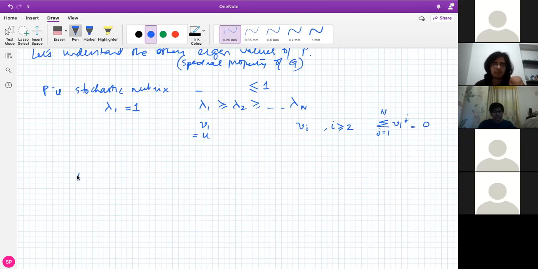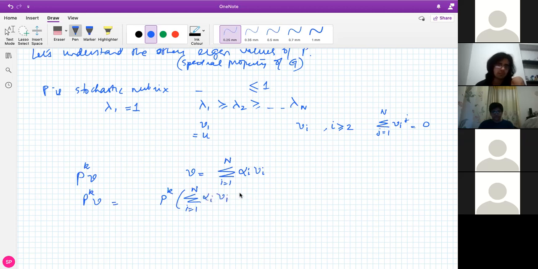So, okay, now consider P^k V for some starting vector V. Okay, we are going to consider this. Now let me write V in the basis of these eigenvectors, right? I can do that. Then my P^k V is going to be this.